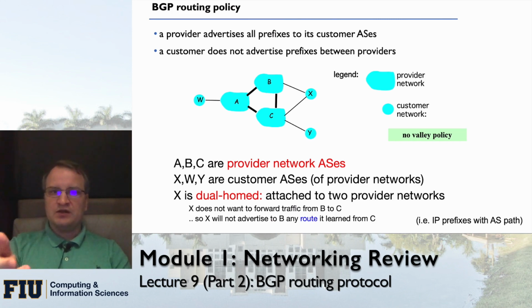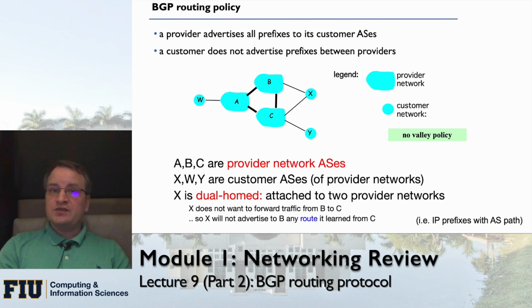For example, focusing on X, X will receive effectively a complete database of different paths, over WABX and WACX, and for each prefix in the world, it will have two entries. In the actual routing table, it will only activate one of these paths. But if you're talking about the complete picture that X will have, for each subset of the topology, it will know these two separate paths.